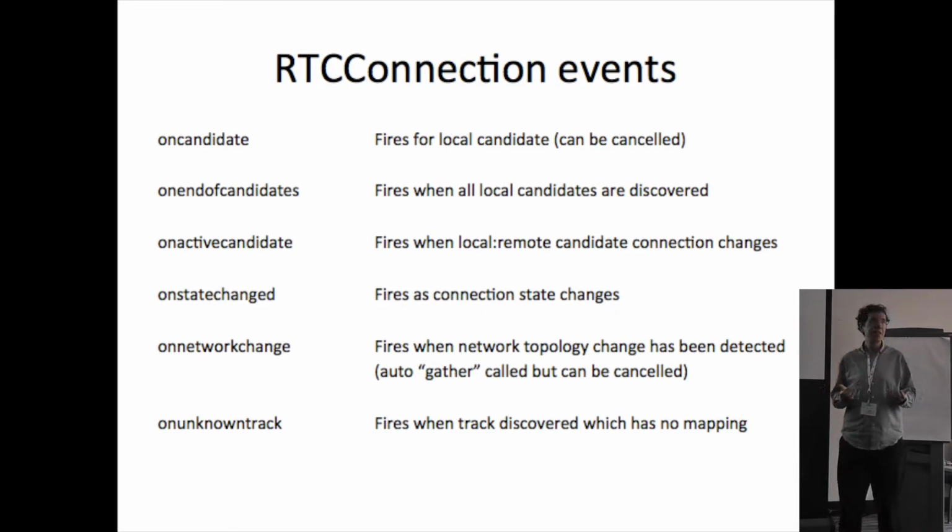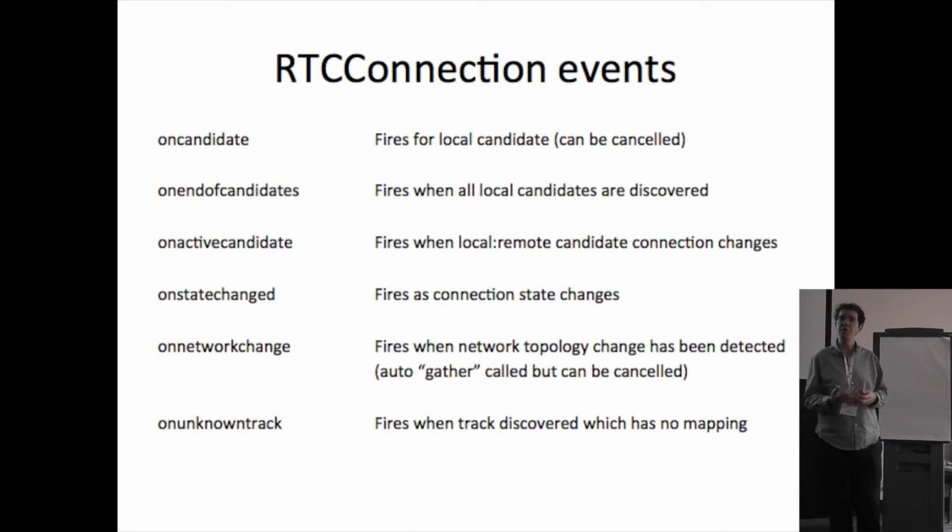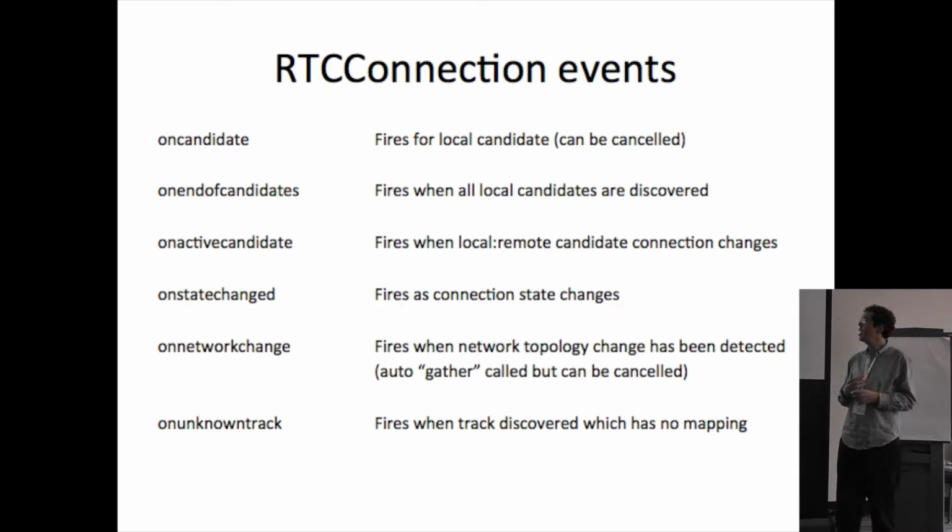On state change, basically as you're going through the new, searching, halted, connected, and closed states. On network change, if the ORTC level discovers a network topology change, it'll fire an event saying that it's changed, and it's up to you to call the gather method again, which will fire on candidate again for any new candidates, and on end of candidates when it's exhausted all the candidates.